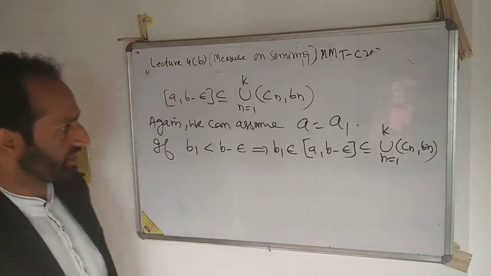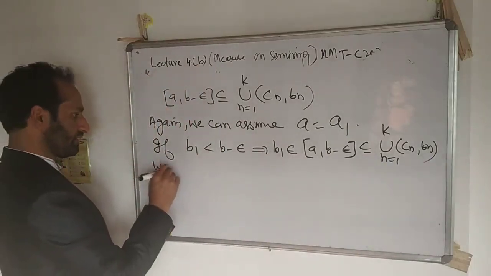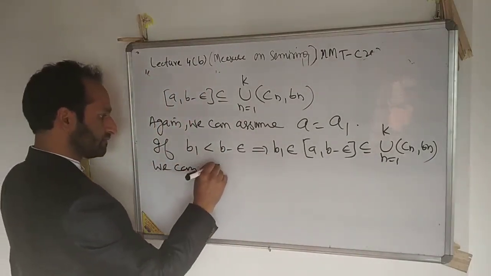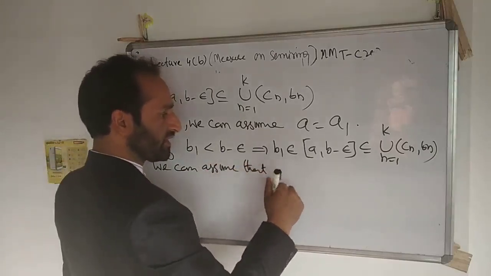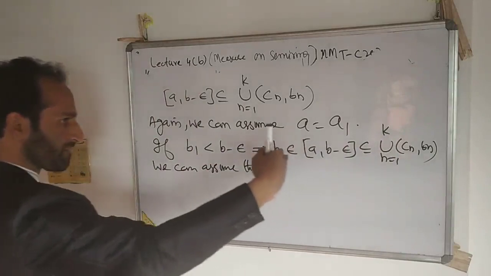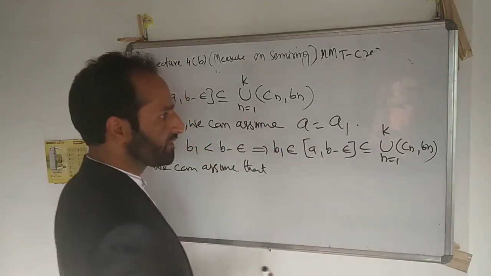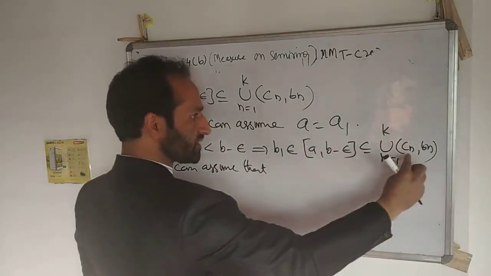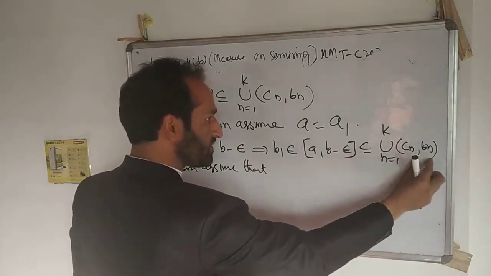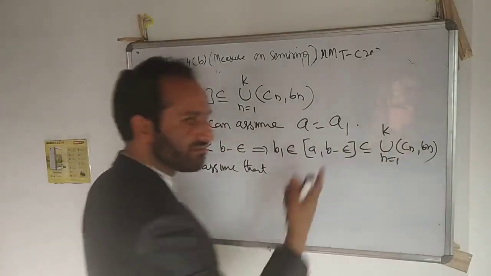So by rearranging, we can assume that it cannot be the first interval, it must be in the second. Why is it not in the first interval? For if it is in the first interval C1 B1, then B1 strictly lies between C1 and B1, which is not the case.